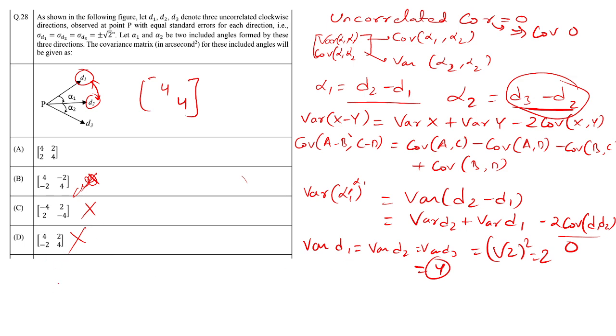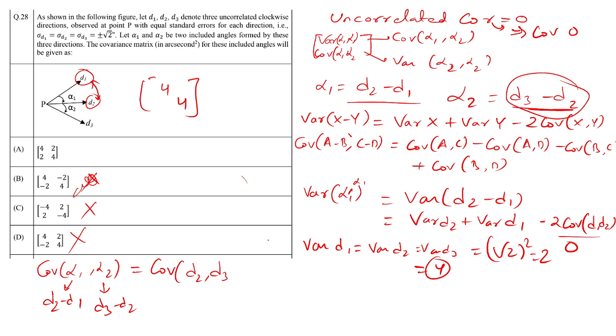Now we have to find covariance of alpha 1 comma alpha 2. So let's start with that. This will be equal to covariance of d2 minus d1 and d3 minus d2.